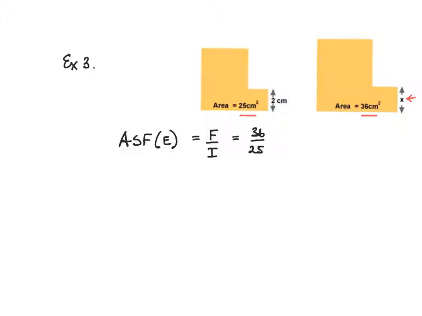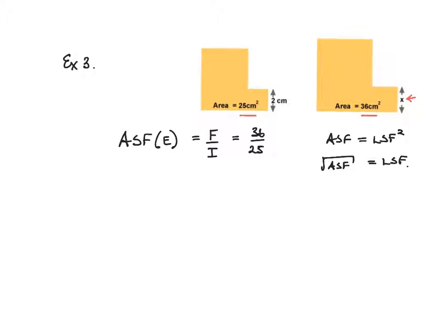You may remember in the very first slide I gave you a formula which was that the area scale factor is the length scale factor squared. I gave you a second formula which is the one we're going to use now, and that's that the length scale factor is the square root. Let me just change the order. So if I square root the area scale factor, I get the length scale factor.